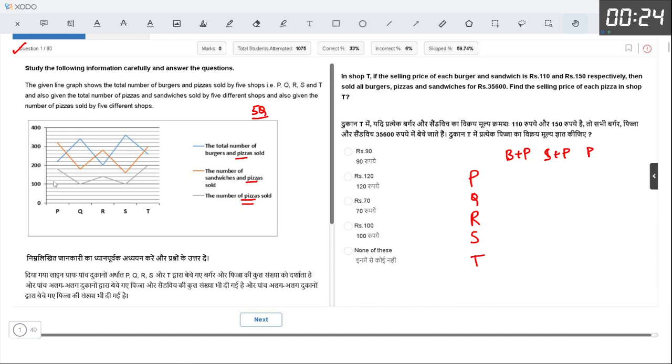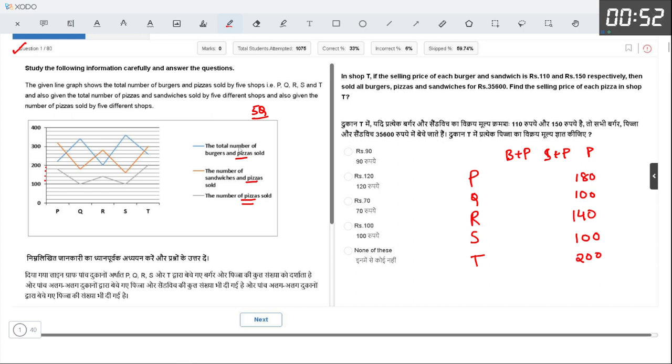Each line is 20, 20, 20, 20, so 4 lines is 180. P is 180 pizzas, Q is 100, R is 140, S is 100, and T is 200.